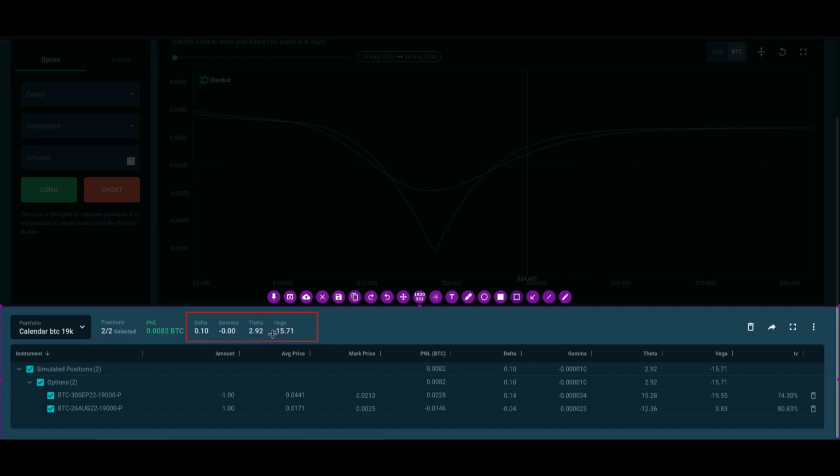It will be covered in other videos also. Vega is a feature which shows how option constructions are sensitive to volatility, and this is what I'm going to cover in this video.